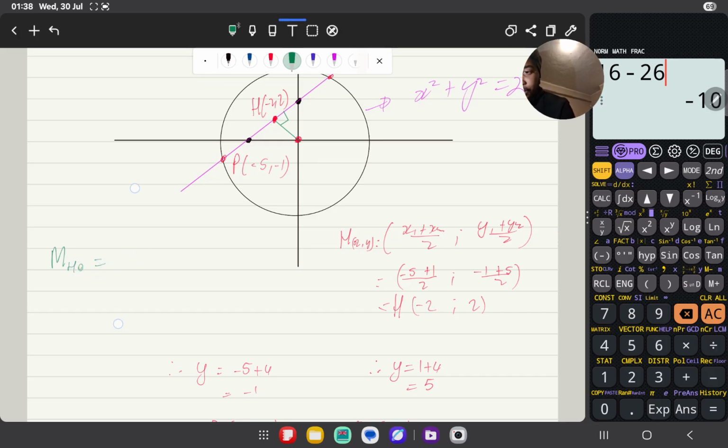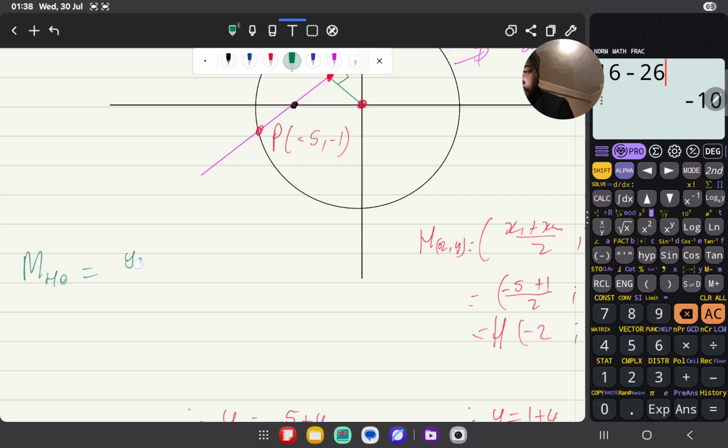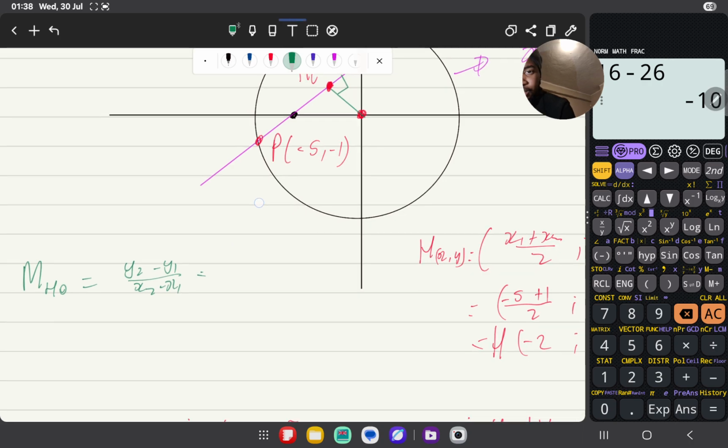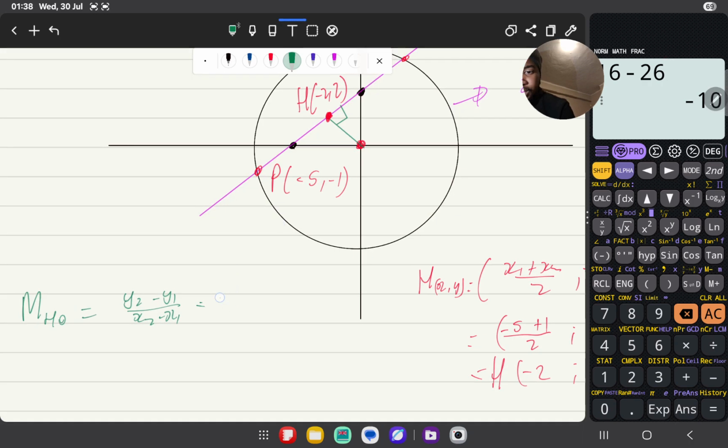It's y2 minus y1 over x2 minus x1, which is 2 minus 0 over minus 2 minus 0, which is minus 1.